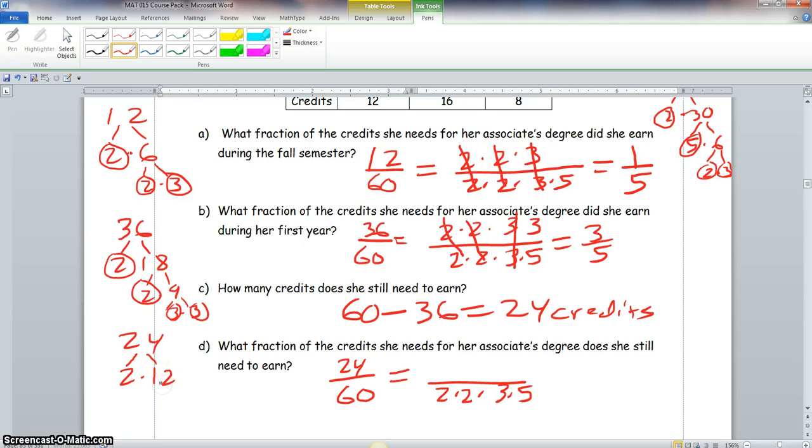We had 2 and 12, 2 and 6, and then 2 and 3. So now we have three 2's and one 3. So now we simplify out what they have in common. We had 2 sets of 2's, 1 set of 3's. So your final answer here is 2/5.